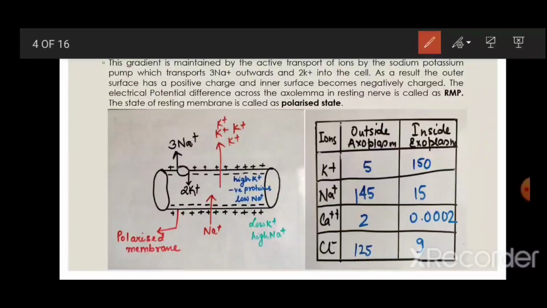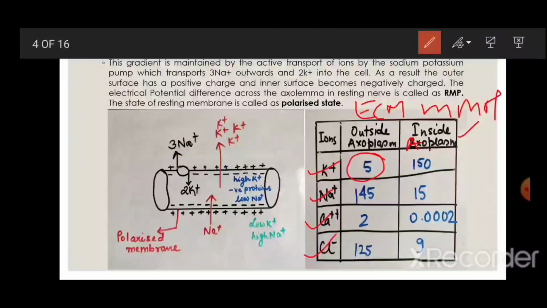Now if we compare the concentration of different ions outside the axoplasm, means in the extracellular fluid, and inside the axoplasm, you can see here the concentration of potassium ion outside is 5. These values are in millimole.